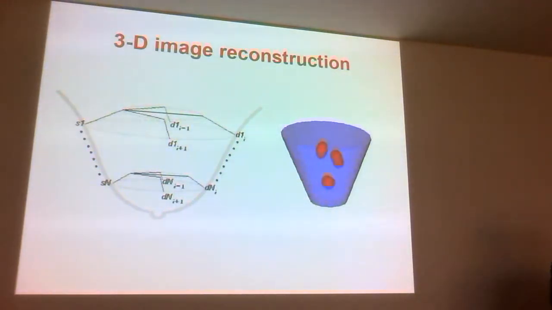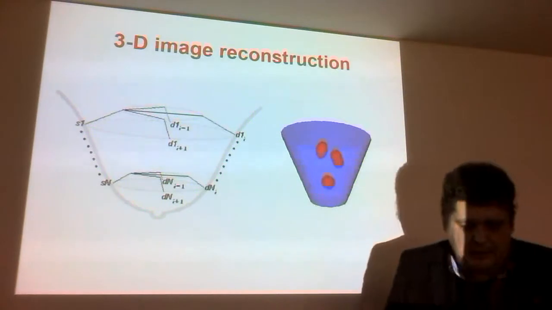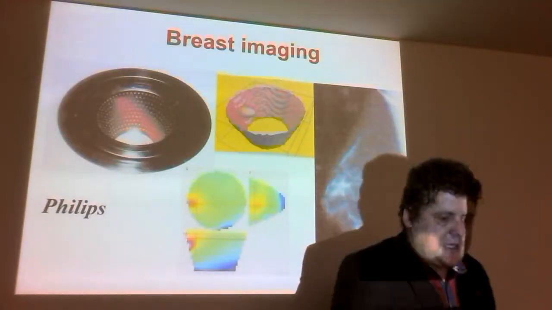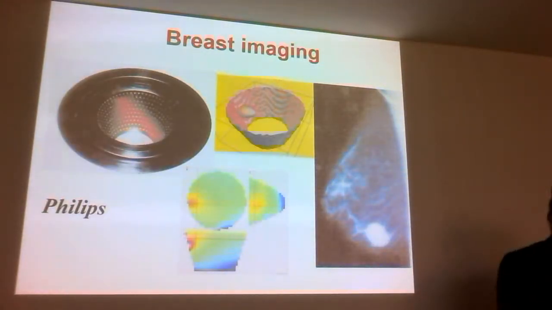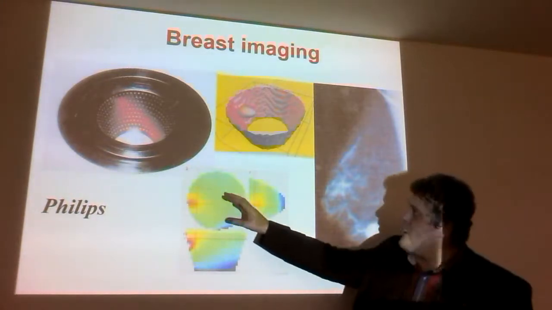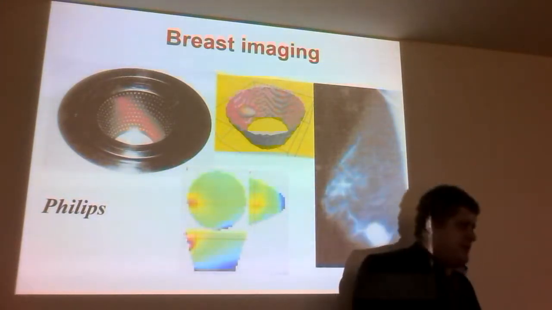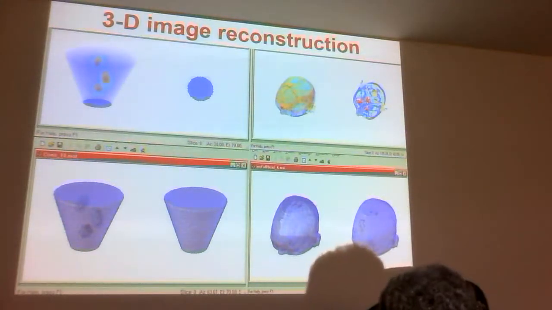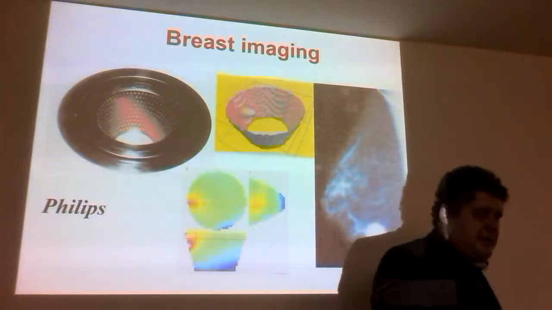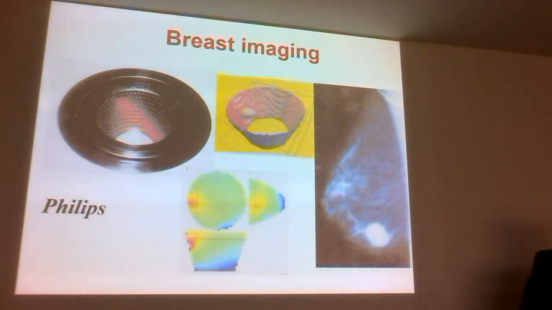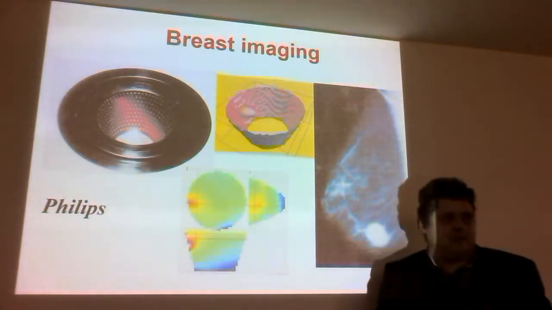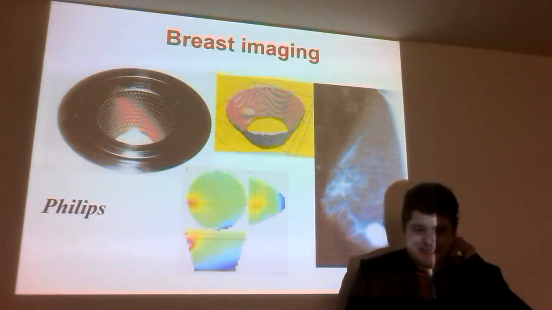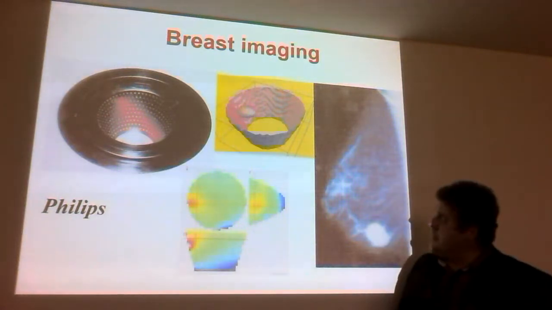And we actually developed that technique even to the final stage, and the Philips company was interested in building this optical tomograph for commercial use. And what is the problem actually? The problem is that the diffusion approximation that we used for these studies has a limitation.